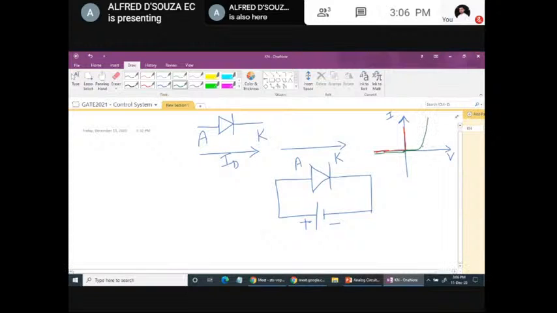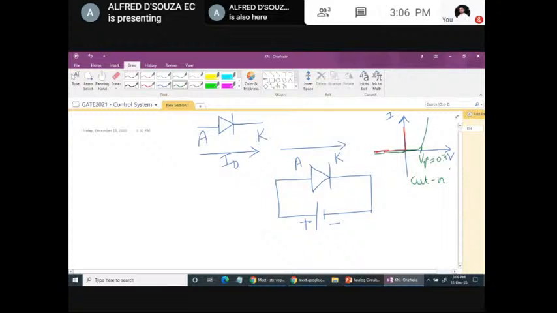The point after which it increases exponentially is known as its knee voltage or break-in voltage, normally referred to as V gamma. This is also called the cut-in voltage. If the diode is silicon, then this cut-in voltage will be around 0.7 volt.